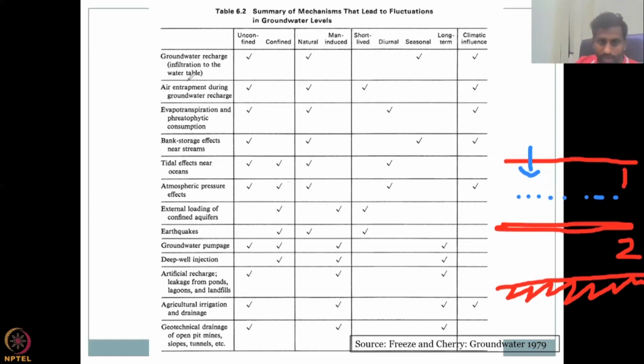So that is also an unconfined aquifer effect, but because the volume of water is so big and it pushes, the water comes in a big force, it can also impact your confined aquifer. So both unconfined and confined aquifers can be influenced by these tidal effects.